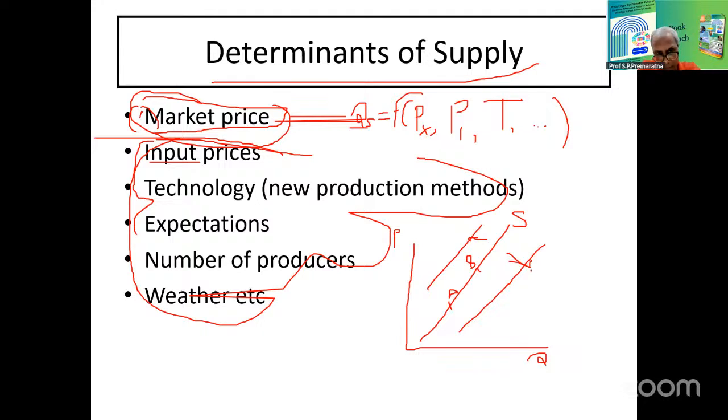Among the other determinants, take government intervention to improve technology. For example, if the government spends on research and development, that helps technology improvement, and as a result the supply curve shifts outward.